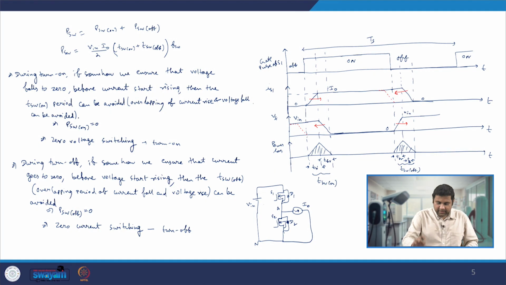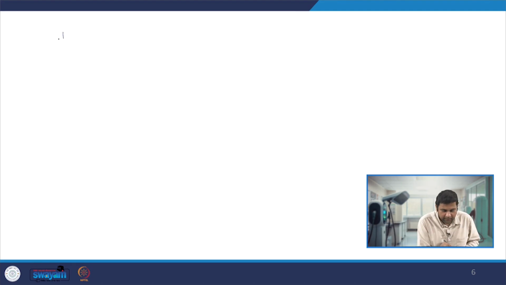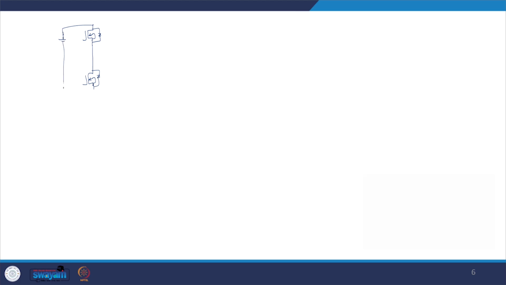So let us take our system to be a half bridge, and let us see whether we can achieve ZVS and ZCS in our conventional half bridge without adding any additional circuitry.